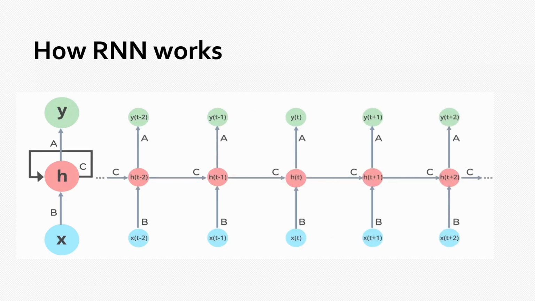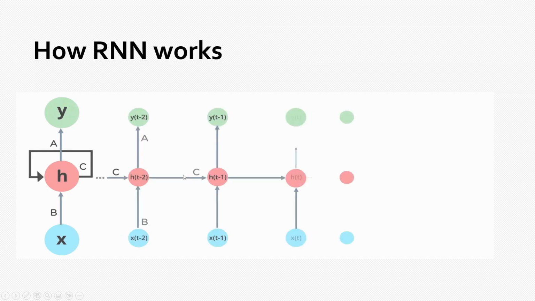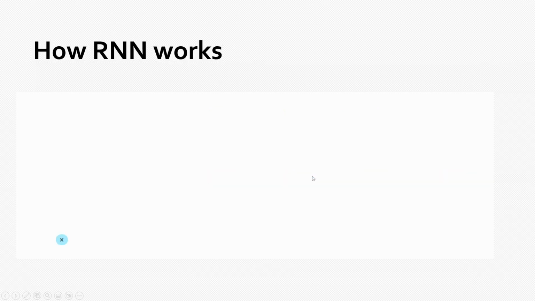And if you look at this, every state passes through this C, which means that they share the same parameters.